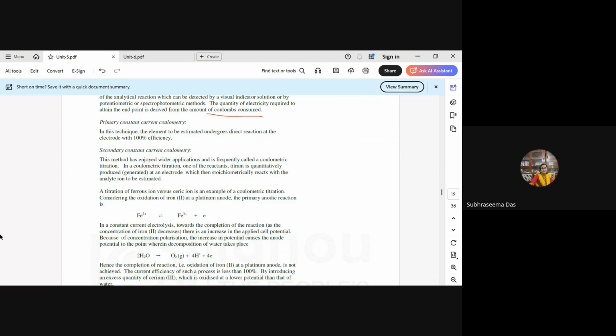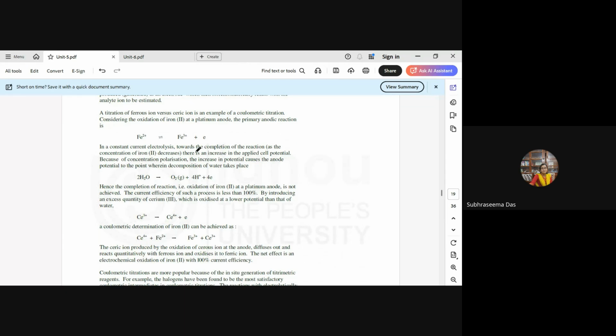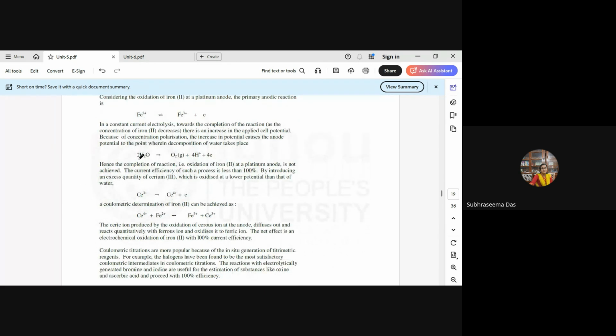Considering the oxidation of iron 2 at the platinum anode, the primary anodic reaction we can write as Fe2+ forming Fe3+ plus an electron. In constant current electrolysis, towards the completion of the reaction, there is an increase in the applied cell potential because of concentration polarization.